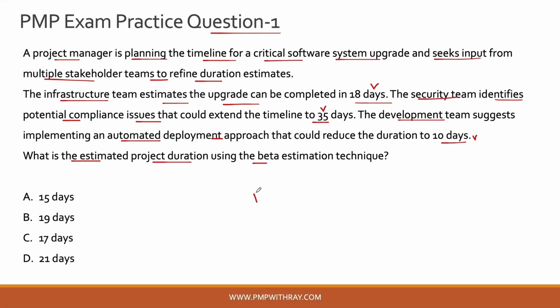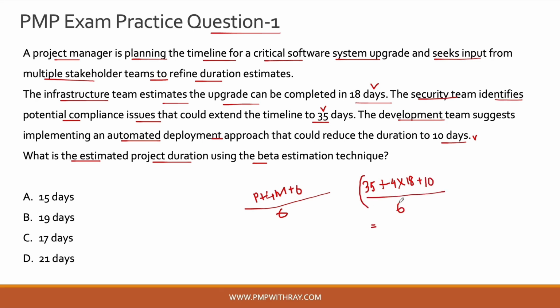Now, if we go back to this question, let's apply the formula of beta estimation technique here, which is P plus 4M plus O divided by 6, right? So here your pessimistic estimate is 35 days plus 4 multiplied by 18, which is your most probable estimate, and your most optimistic estimate is 10 days, okay, divided by 6.